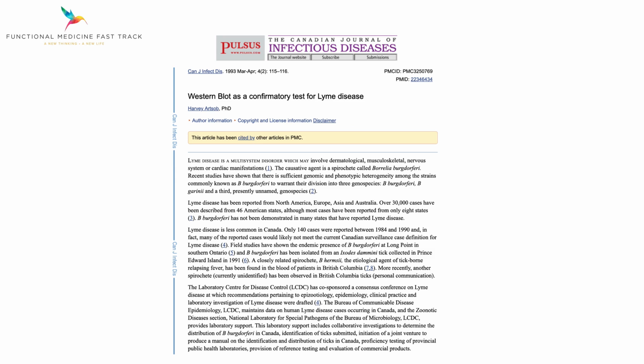And there isn't one single test that we can use. And that is why the clinical reasoning that we use for a Lyme patient needs to definitely be more from a functional medicine side, where we're gathering all the information, putting that together and using our clinical reasoning to say, okay, this is more than likely Lyme disease, because we haven't got something specific.